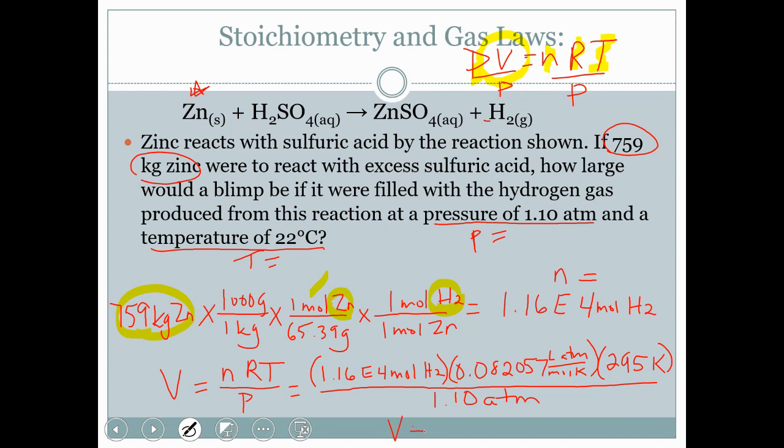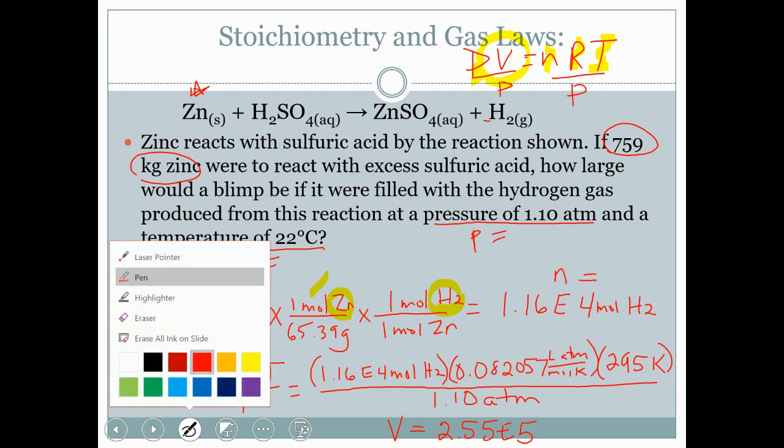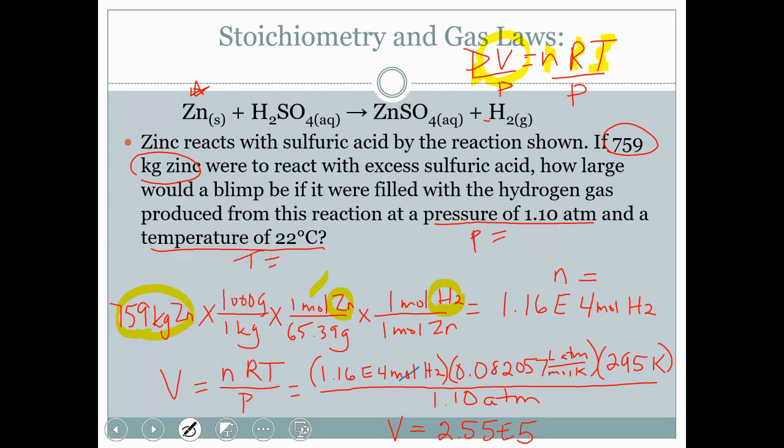My answer, the volume, is going to be equal to 2.55 times 10 to the 5th. And unit-wise, the moles divide out, the Kelvin divides out, the atmospheres divide out, and you are indeed left with a unit of liters, which is a volume unit.